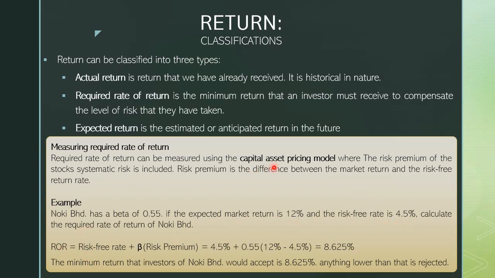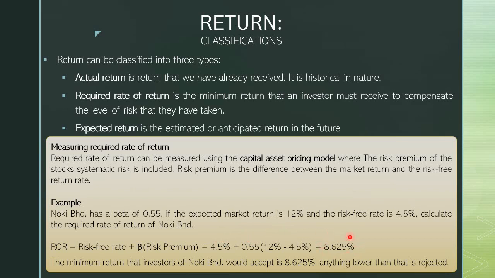The formula using the CAPM model is the risk-free rate plus beta times the risk premium, and the risk premium is the difference between the market return and the risk-free return. So put in first the risk-free rate, which is 4.5%, plus the beta of 0.55, times the risk premium, the difference between the market return and the risk-free return. So you subtract this first, times the beta coefficient, plus the risk-free rate.